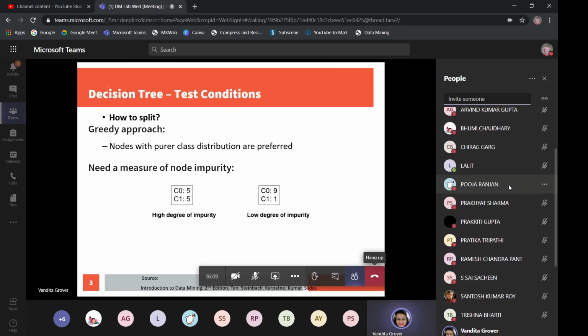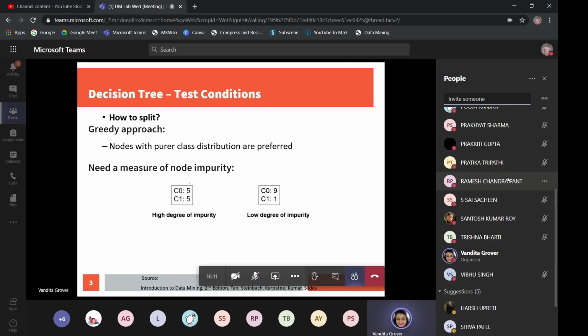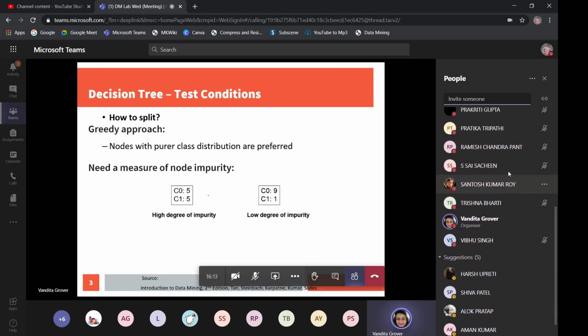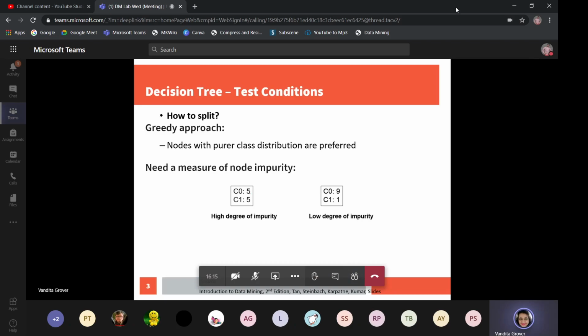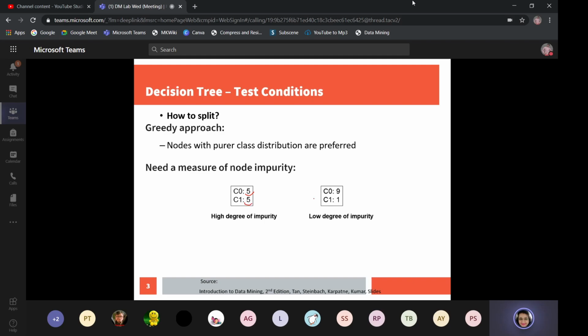So how do I split? As I have already discussed before, suppose there are two classes and at a particular node 5 records belong to one class and 5 records belong to class 2, and because of some other attribute you are getting this division. So we are saying that this split is giving me a high degree of impurity.